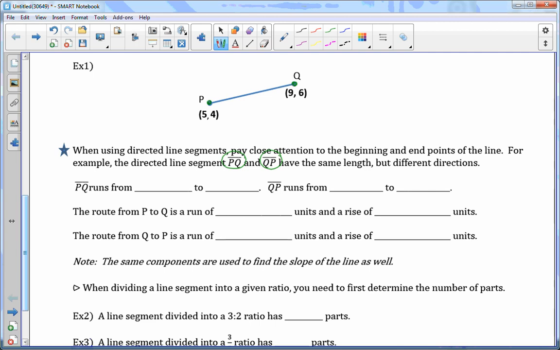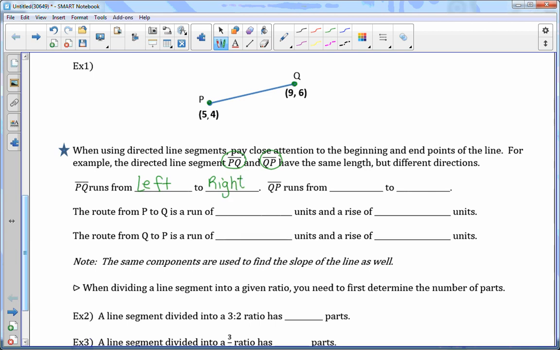The first one, P to Q, starts at P and runs to Q. So if you could describe, where is P at? I'm actually looking for a descriptive word of where its location is, not 5, 4. Starts with an L, 4 letters. The left. And then we run to the right, so it runs from left to right.